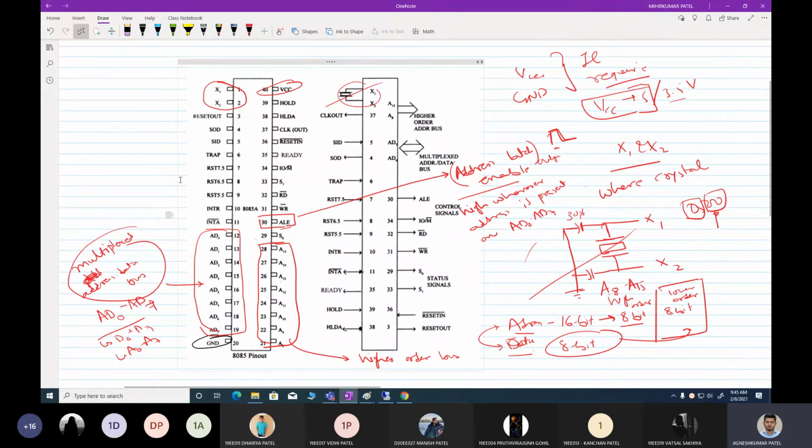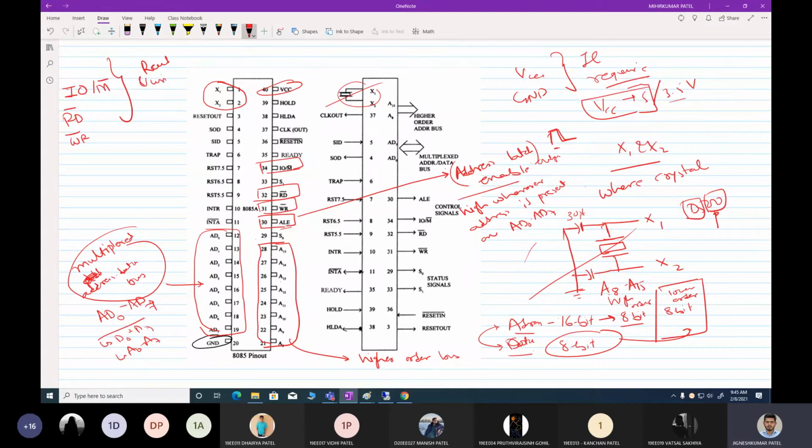Now the next signal. Next is a set of 3 signals. First is IOM bar, second is RD bar, and third is WR bar. So what are these 3 signals? These 3 signals combined give you the information about read and write operations.